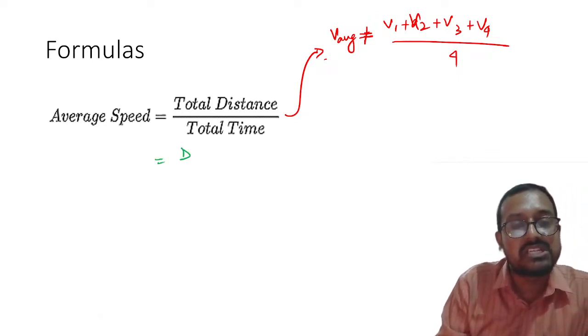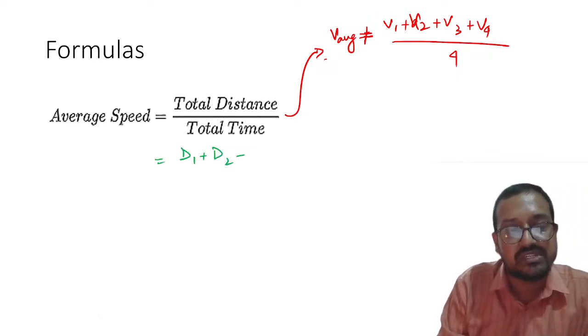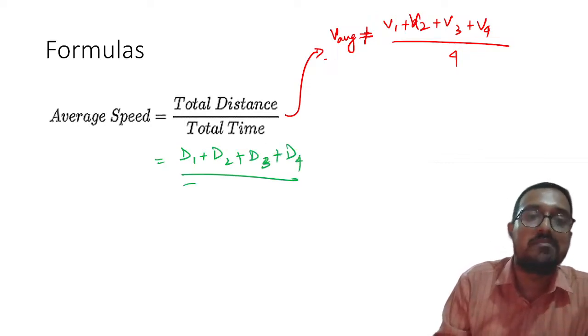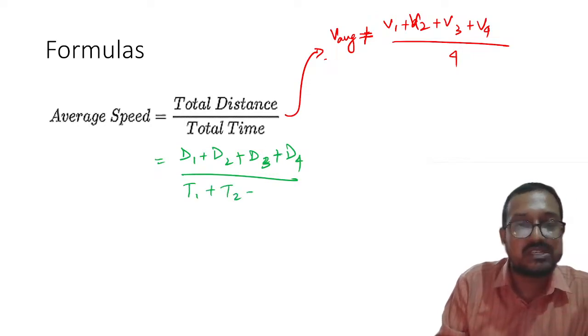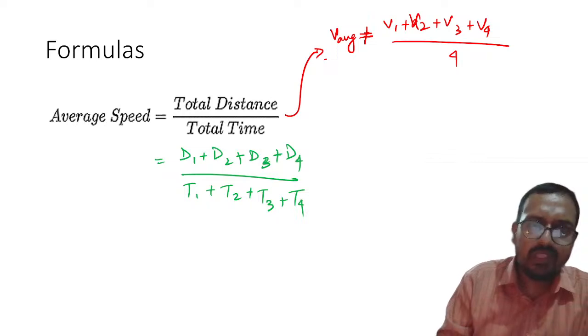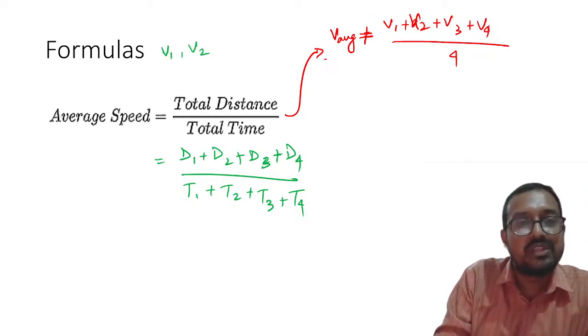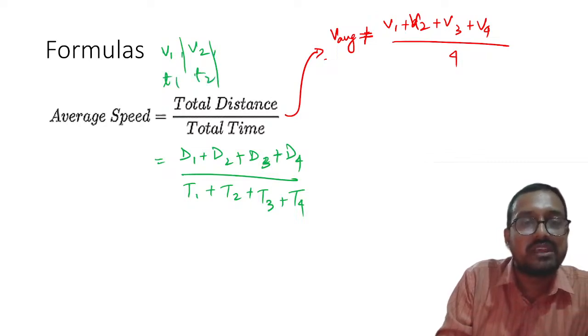Please remember, average speed: always find the distance first. Always find the sum of all the distances, and then always find the sum of all the times, T1 plus T2 plus T3 plus T4. Understood? Now suppose you have been given velocities V1, V2, V3, V4 and the respective times T1, T2, T3, T4.